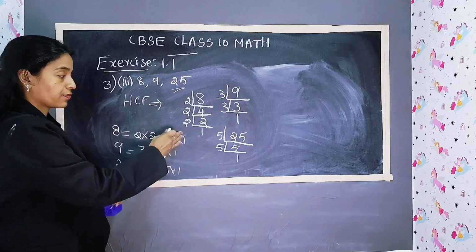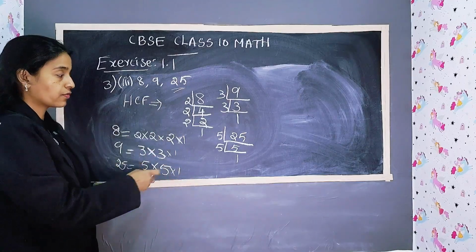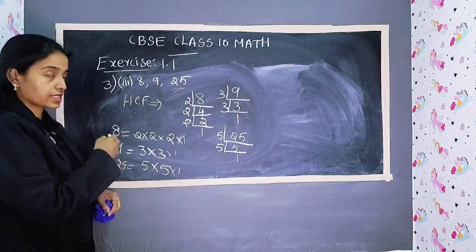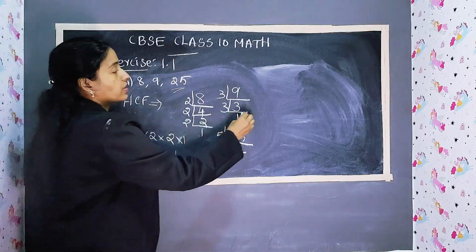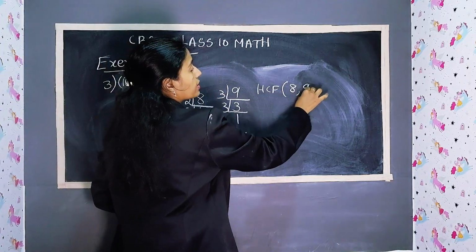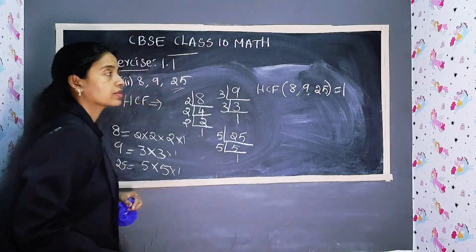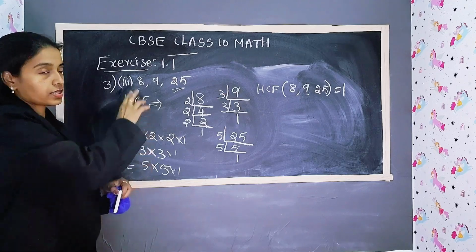So we can write that 1 would be the common factor of 8, 9, 25. HCF of 8, 9, 25 equals 1. This is the HCF answer of this problem.